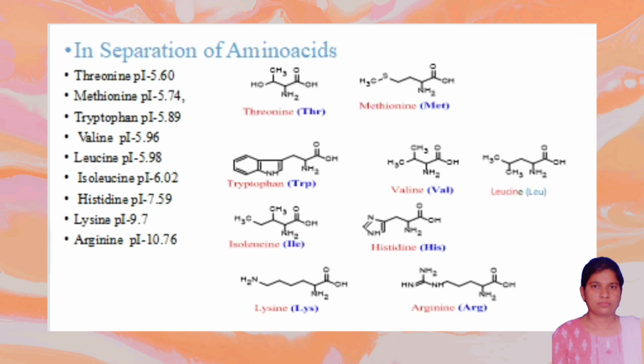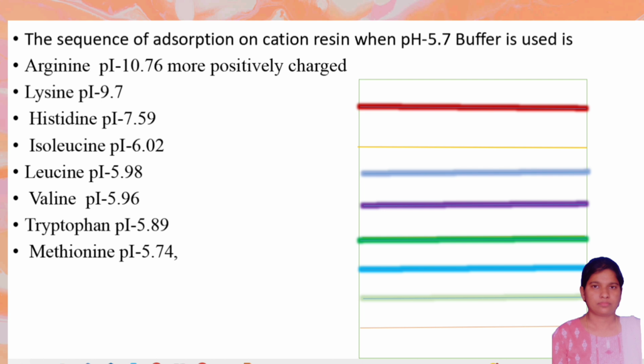COO minus groups. When the solution containing a mixture of amino acids is passed through cation exchange resin by using buffer solution of pH 5.7, the amino acid with isoelectric point less than 5.7 is in its negative form. Here, that is tryptophan, isoelectric point 5.6, and is not exchanged by the cation exchange resin and is eluted out of the resin first. The other amino acids with isoelectric point more than 5.7 are in their positive ion form.